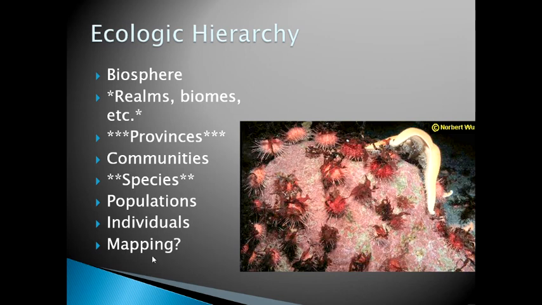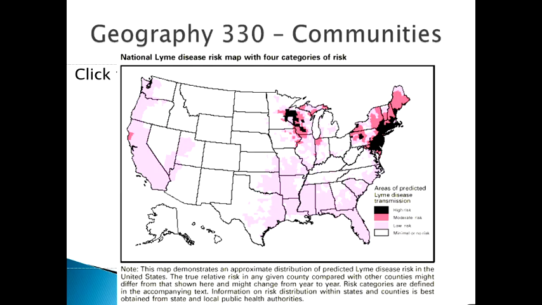And both groups can do mapping for this. Since communities is kind of right in the middle and feeds both to ecology, standard ecological science, and upwards to biogeographic science, we're going to talk a little bit about communities.